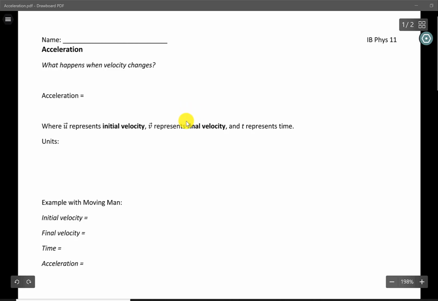So acceleration, we've talked about it before, we've seen velocity change. The definition of acceleration is the change in velocity over the change in time, or in other words, the rate at which velocity changes.